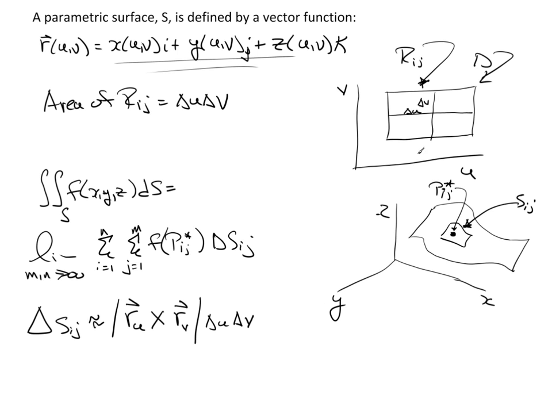Now this is going to connect my parameter domain to my surface in 3-space, where r_u and r_v, for some point (u, v), are going to bring me to a corner of this patch, where these two vectors are the tangent vectors at that corner.